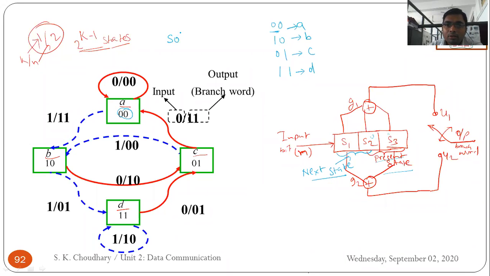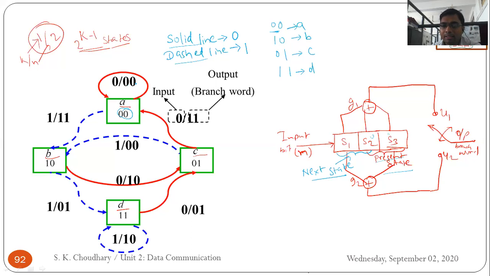Here, a solid line represents that the input is 0, and a dashed line represents that the input is 1. Remember this, it is common throughout all transitions. Solid line represents 0, dashed line represents 1.